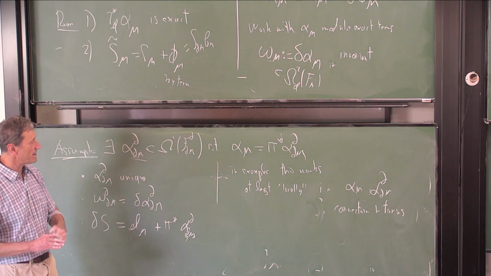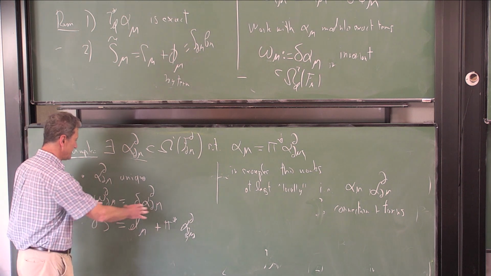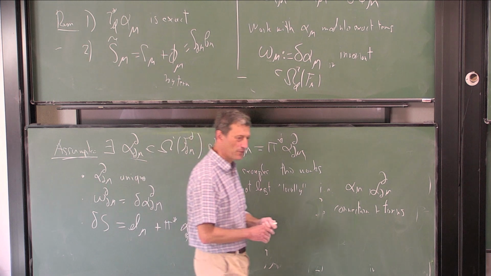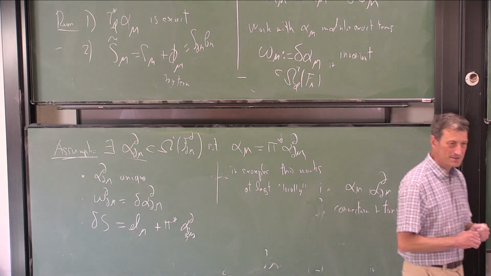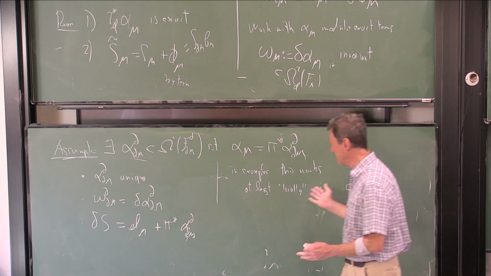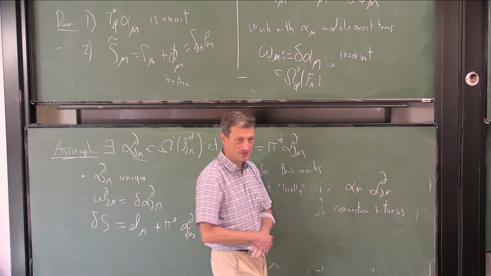Okay, so you no longer require these to be globally well defined. So alpha itself is not globally well defined as a one form, but it's a connection one form. Still, this is not guaranteed. This might also fail, but basically in all physical examples, at least in this version, it works.